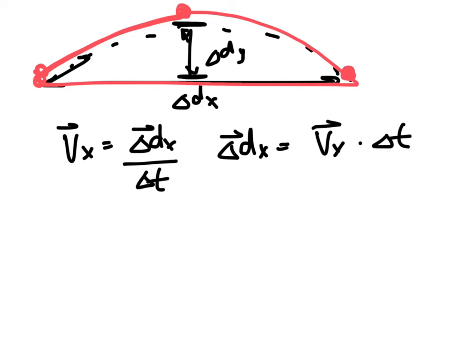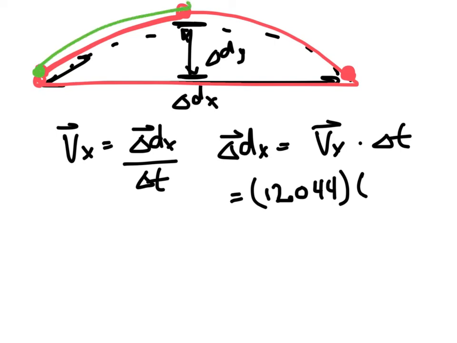And the velocity in the x, if you remember, was 12.044 meters per second. And the time that it takes is simply going to be double the amount of time it took us to get from here to here, which, if you remember, was 1.364 seconds. Okay, so we'll double that. All right, so 2.73.